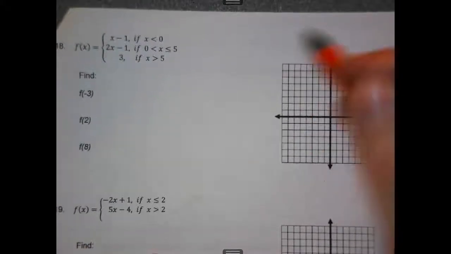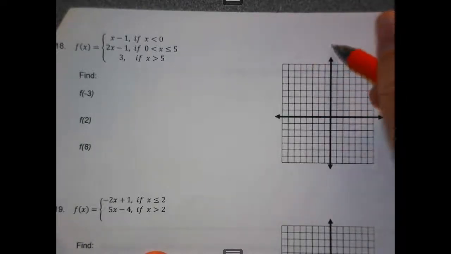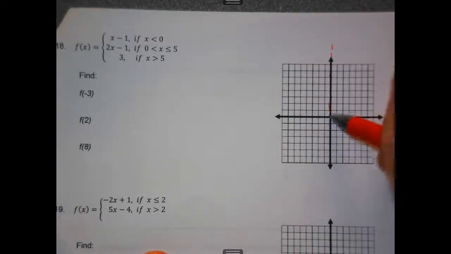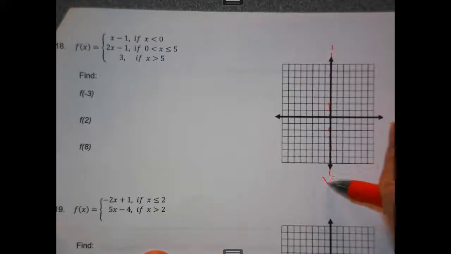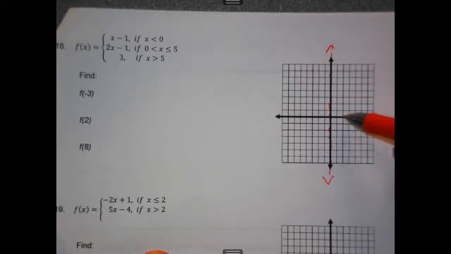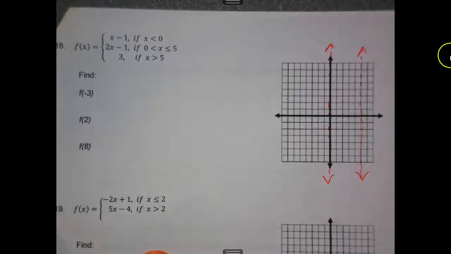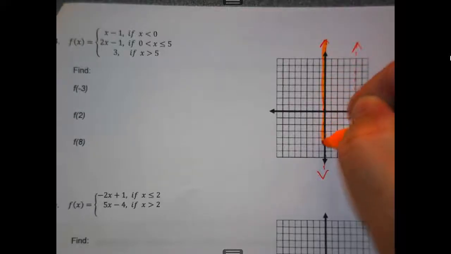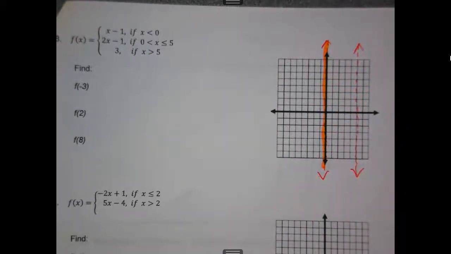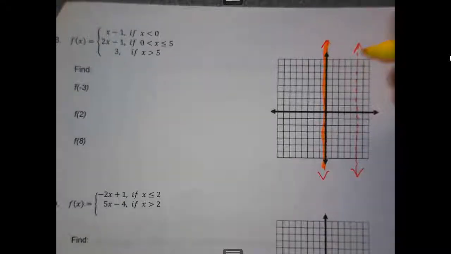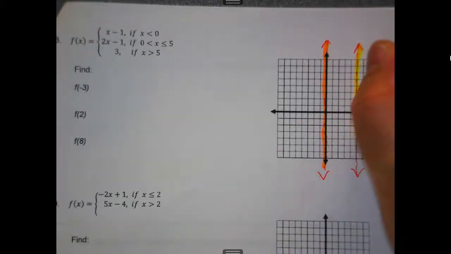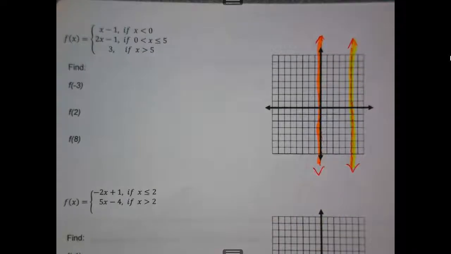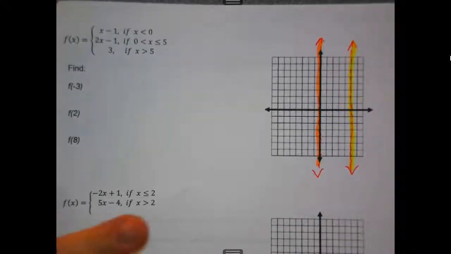What's my boundary line? 0 and 5. Okay, T-chart.